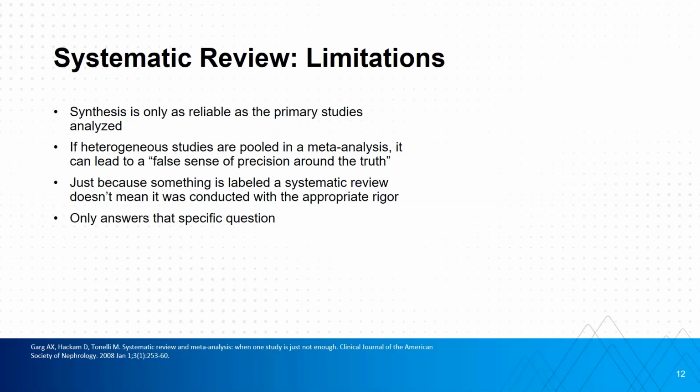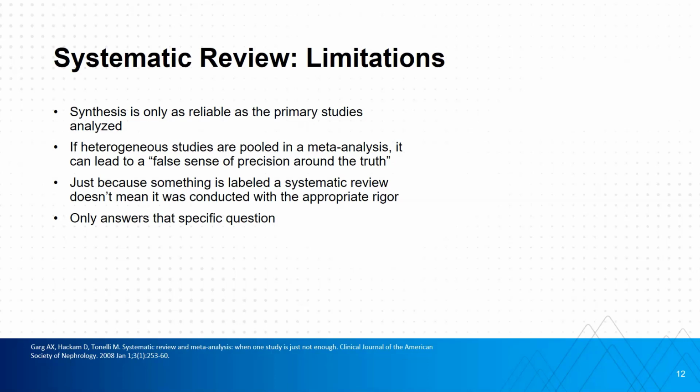If you decide to try to stick a square peg into a round hole and pool a bunch of heterogeneous studies, so really dissimilar studies, in a meta-analysis, it can lead to a false sense of precision around the truth because you are not really comparing the same things together in a statistical analysis. So it wouldn't be as precise a conclusion as if you were looking at a bunch of similar studies.